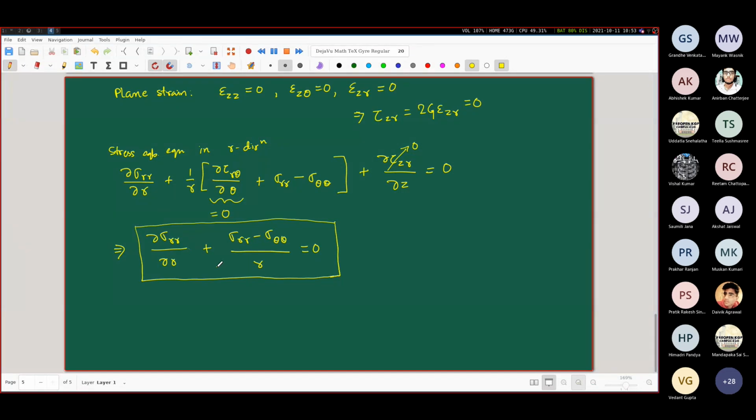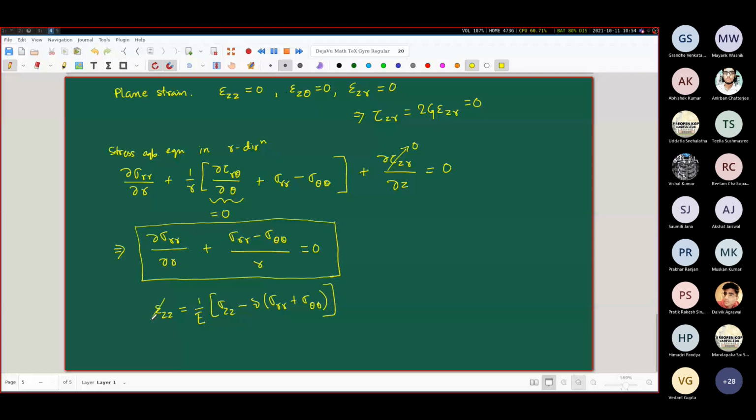So under plane strain, when you have epsilon zz equal to 0, from the stress strain relations, what do you have? Well, first of all, you have this equation that epsilon zz is equal to 1 by E times sigma zz minus nu times sigma rr plus sigma theta theta. This you know very well.